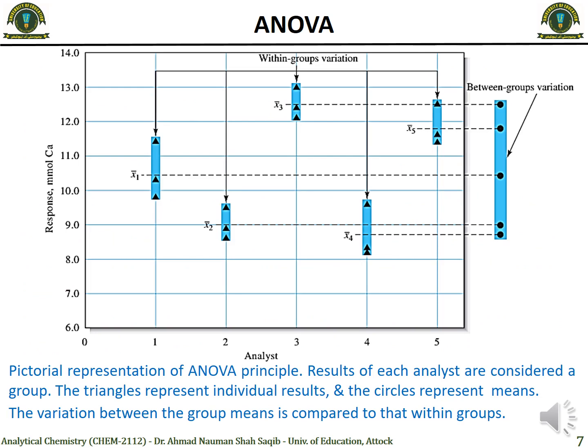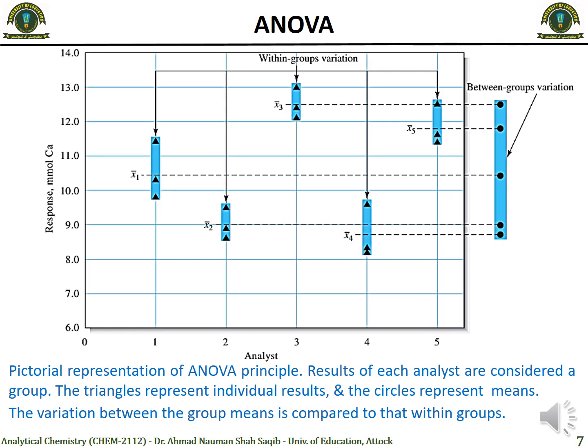Here we can see the pictorial representation of ANOVA. The results of each analyst, which are in triplicate, are considered a group. You can see the triangles corresponding to each analyst, and then we take the mean and standard deviation of these values to know how much is the variation in the determinations performed by each analyst. And then we compare that.